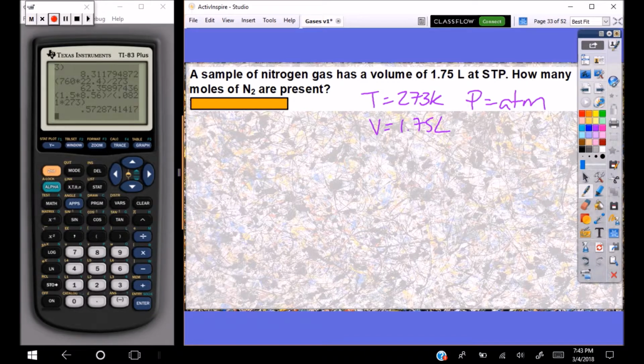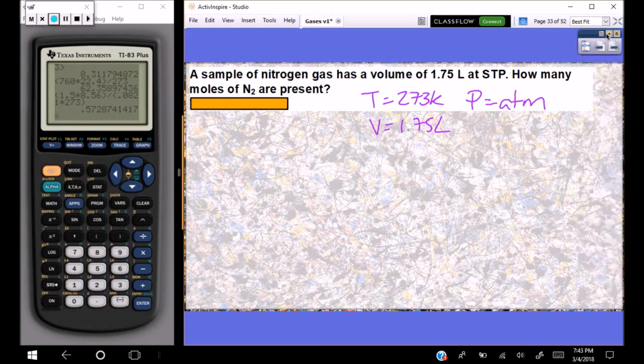And I could solve for moles, but that's a lot of work. I could sit there and plug in and figure out how many moles are present using the ideal gas law, or I can remember one key thing at STP. I know that 1 mole is equal to 22.4 liters at STP. I can figure out how many moles there are.